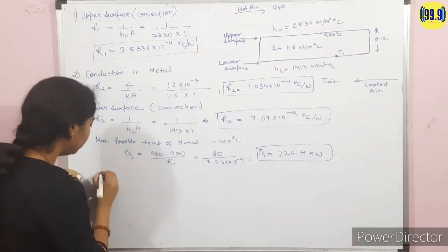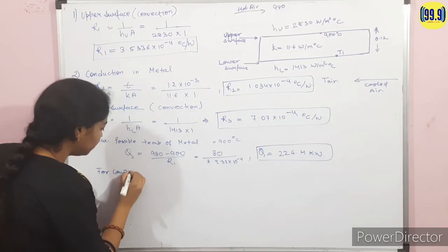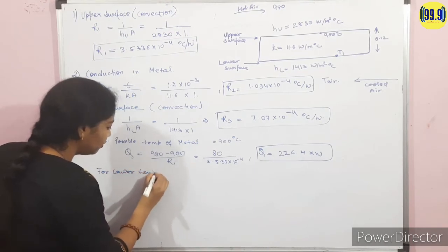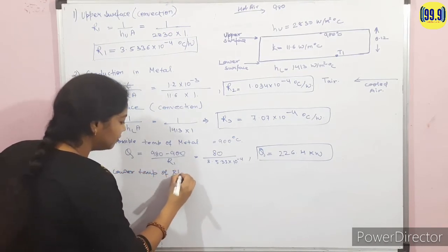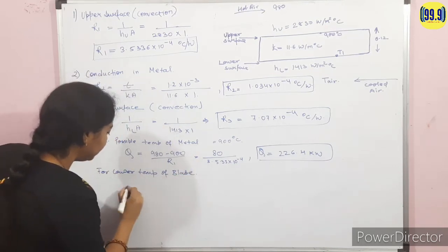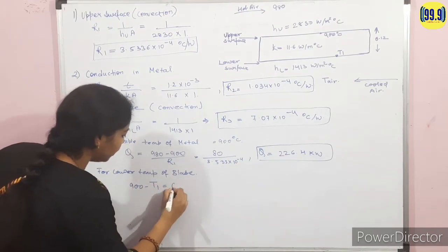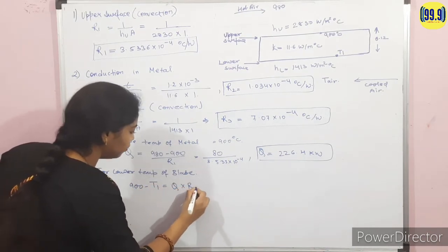Now we are going to calculate the temperature of the lower surface of the turbine blade. For the lower temperature of the blade, we can write 900 minus T1 is equal to Q into R2.